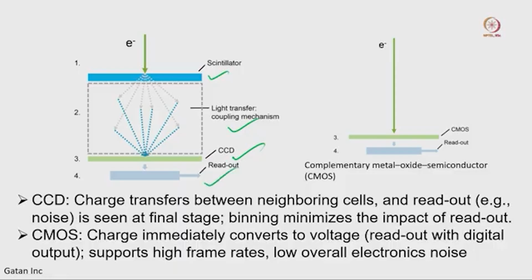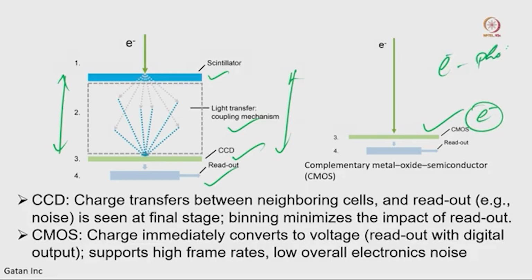In the other case, the light has to travel, as we mentioned a couple of times, and that generates noise also. With the direct electron detector, the electron hits the sensor and the sensor takes care of it directly. We do not need to convert from electron to photon anymore. This requirement is not there when you are using the CMOS camera or direct electron detector. That is one of the good things.